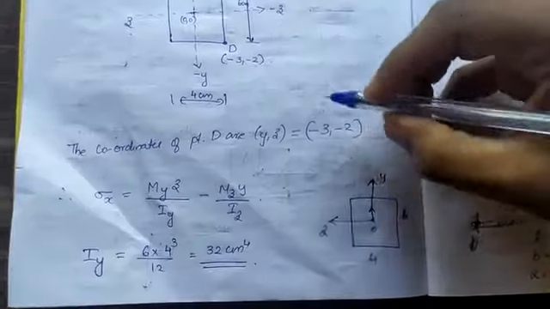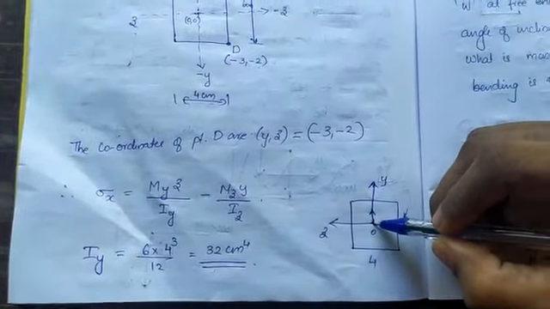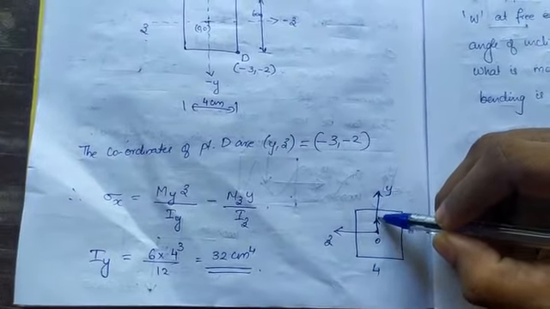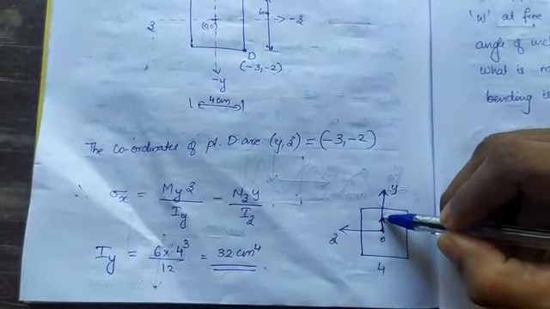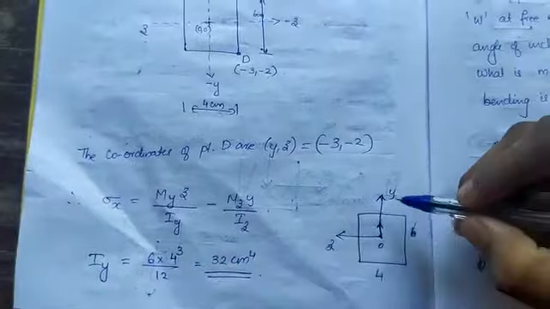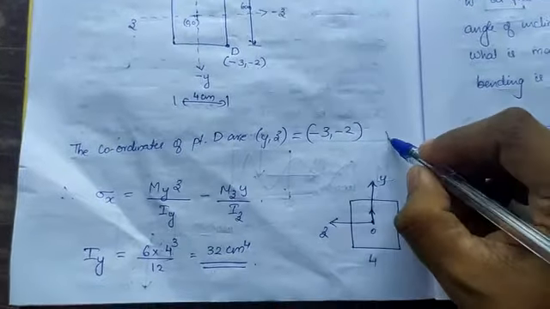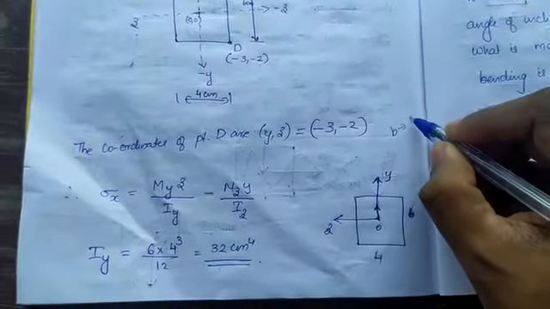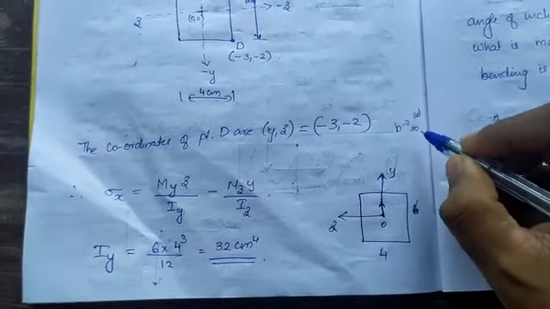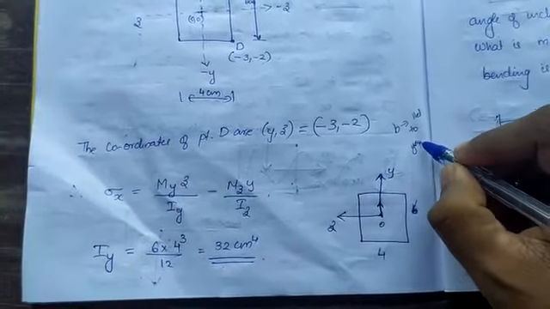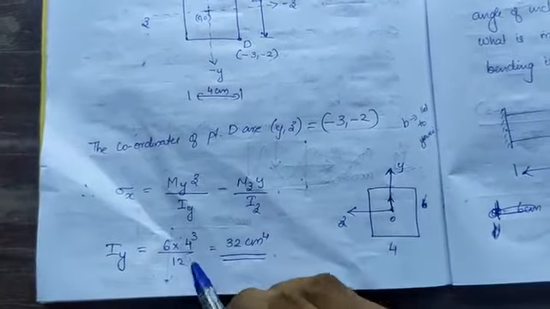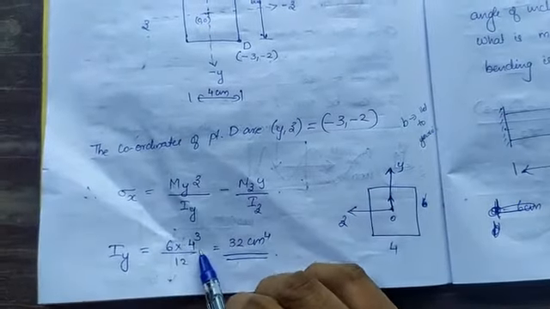What becomes B here? The one which is parallel to the y axis. So Iy is 6 into 4 cube by 12.